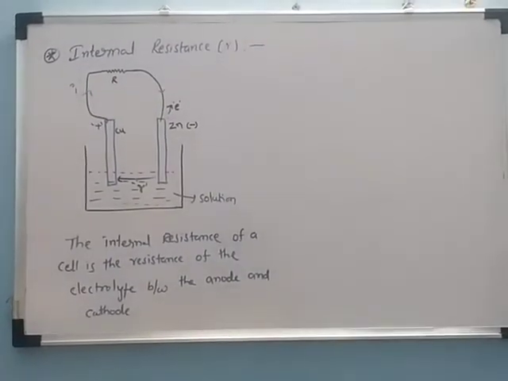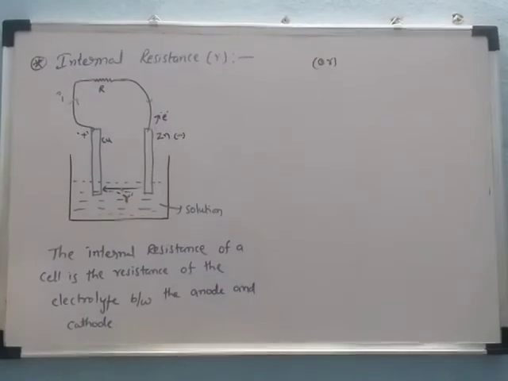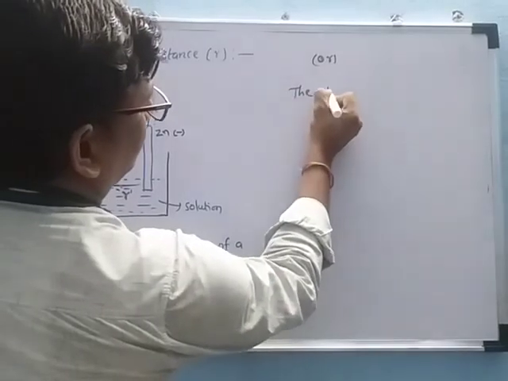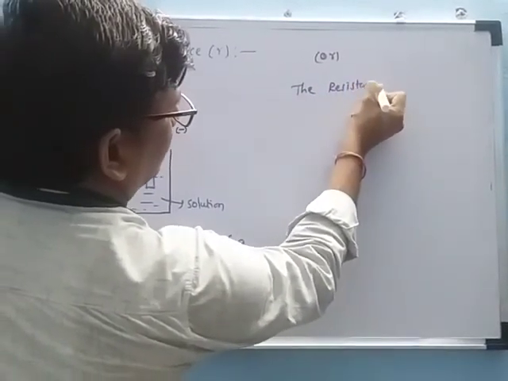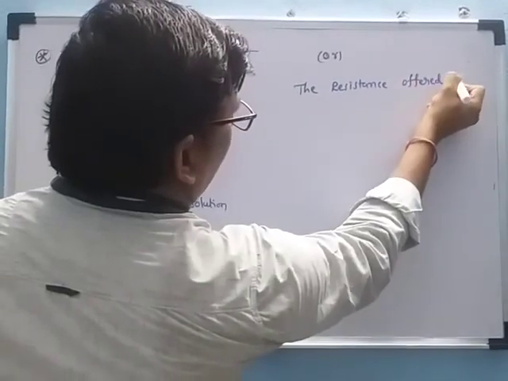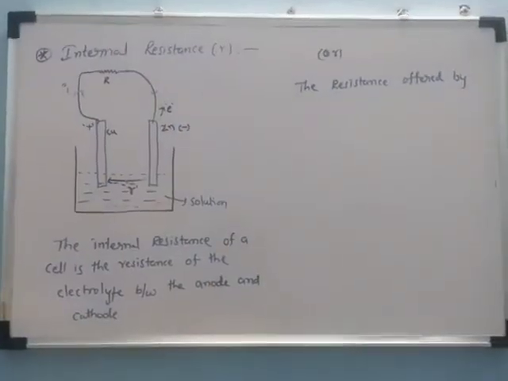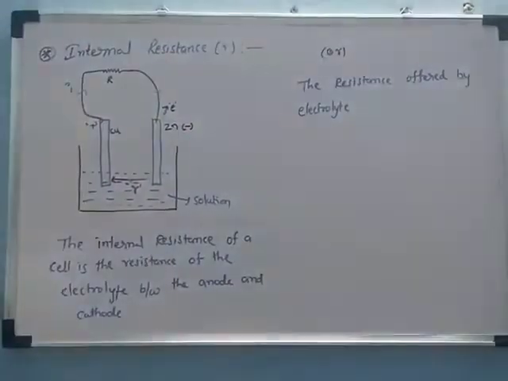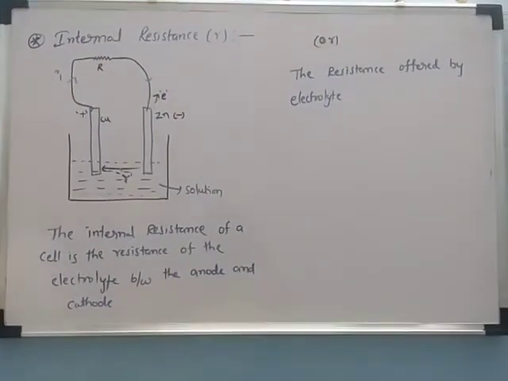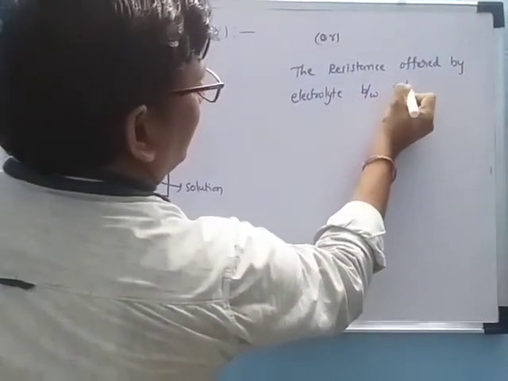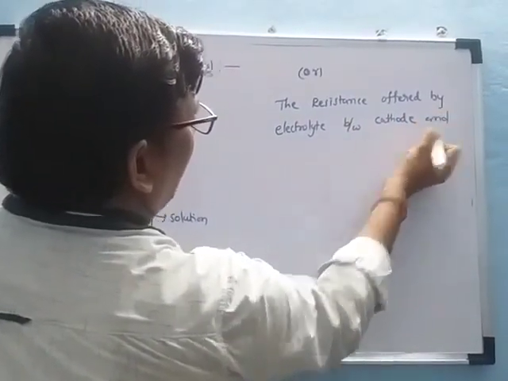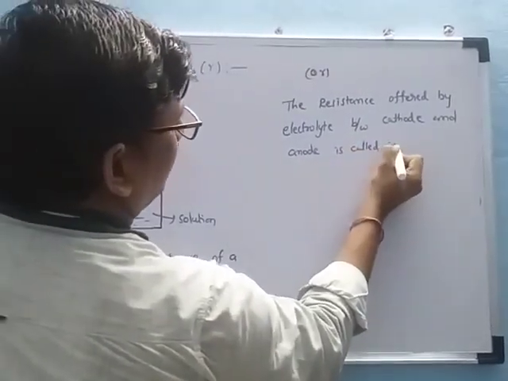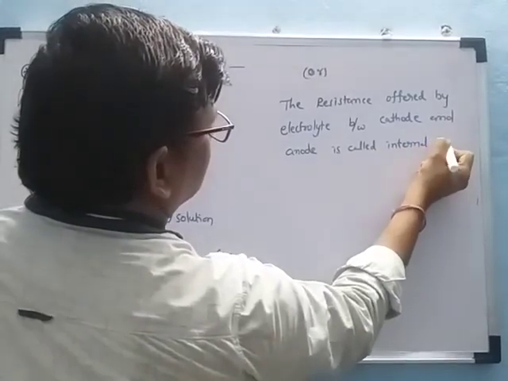Or there is another definition. Here is another definition for the internal resistance: the resistance offered by the electrolyte between cathode and anode is called internal resistance.